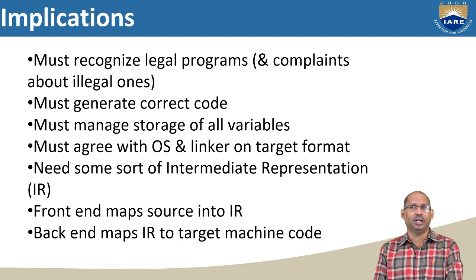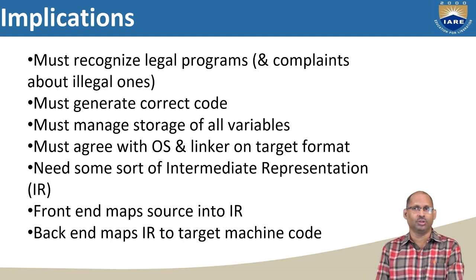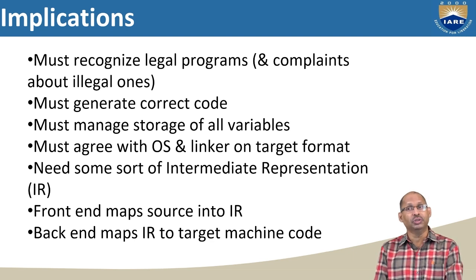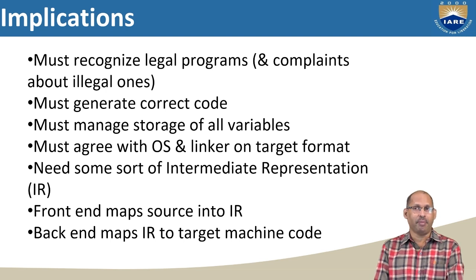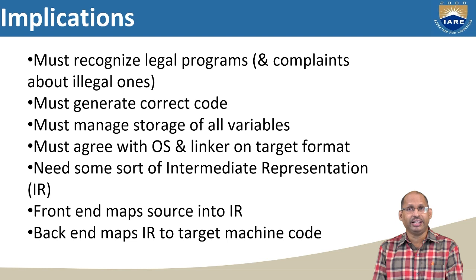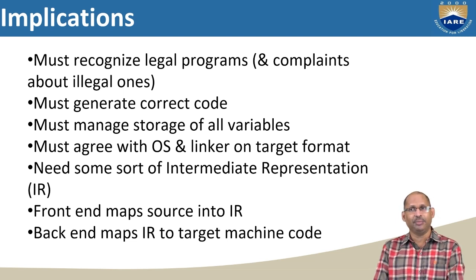So the phases of a compiler are separated into a front end and a back end. The front end converts the source program to intermediate representation, and the back end converts the intermediate representation to target machine code. So this is the complete compilation process.